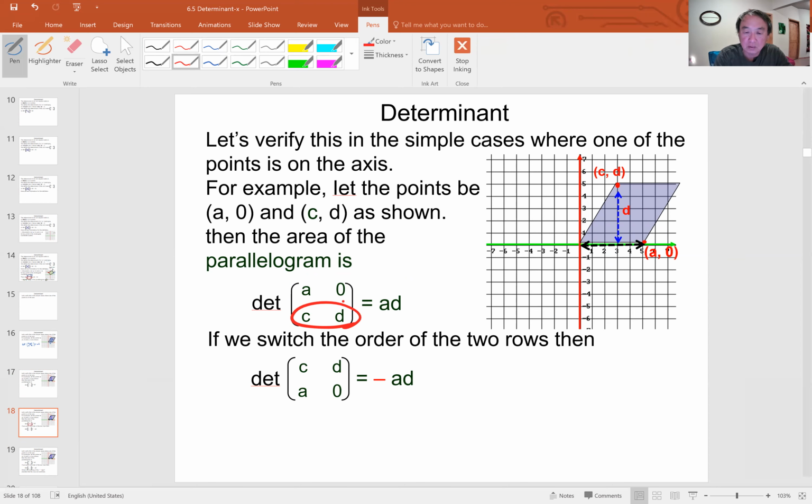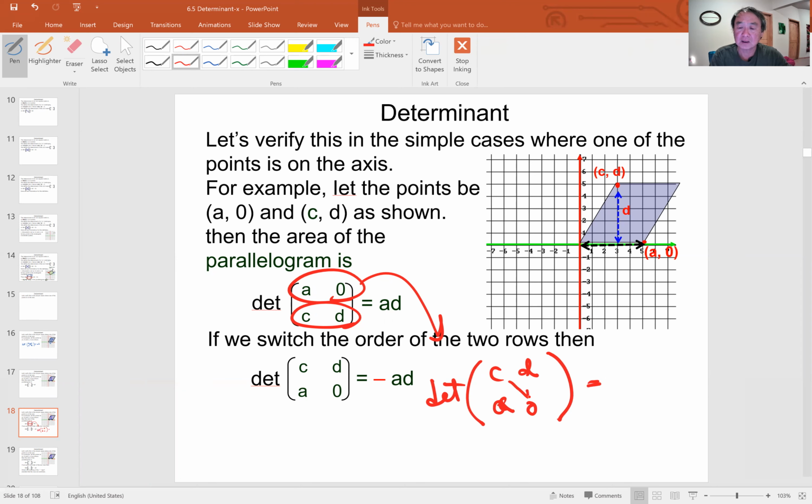Whatever the order, if I switch them, if I put the point (a, b) on top and (a, 0) down below, then I will get the determinant 0 minus a times d, so I will get a negative ad, just because I switch these two rows.